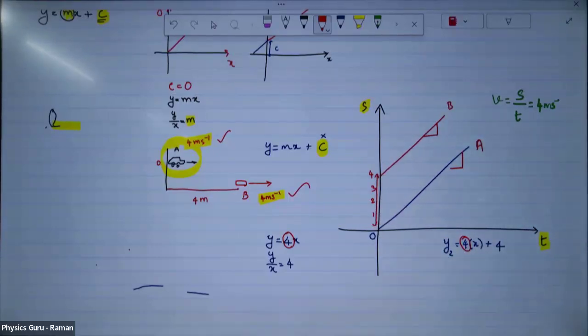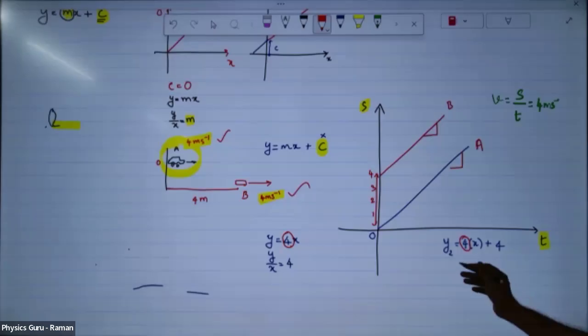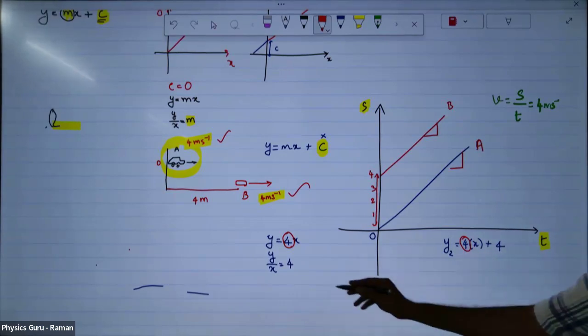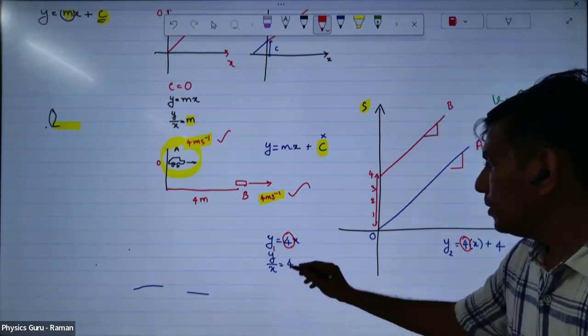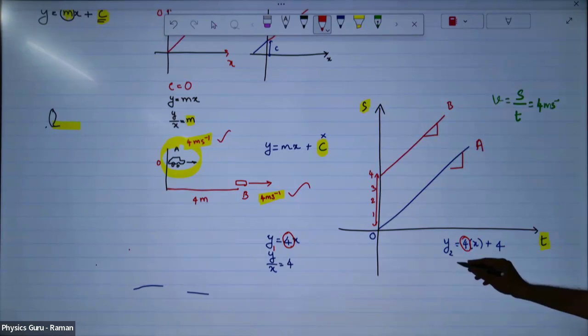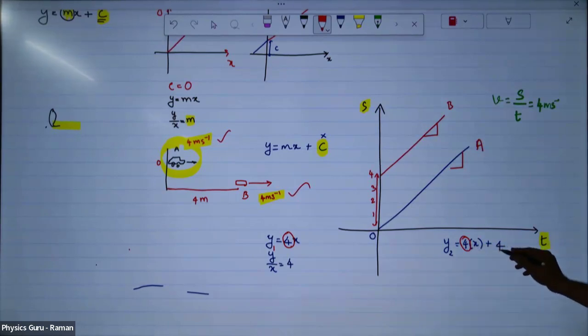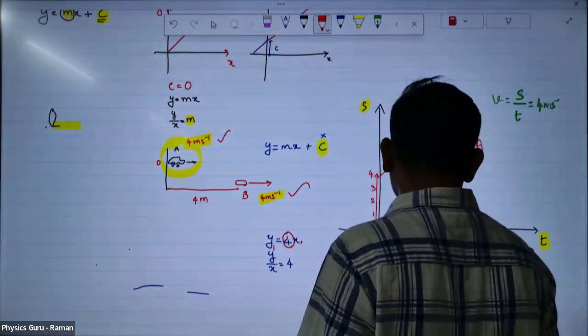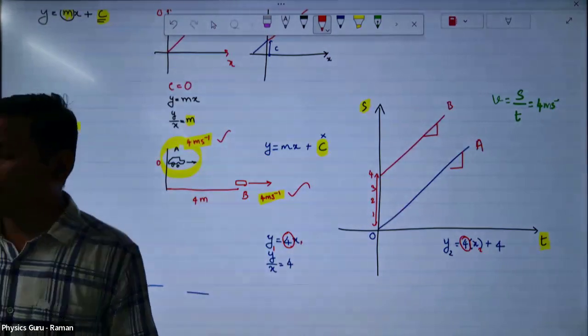For the first person, it is 0. So for the first person, the initial value is 0. For the second person, the initial value is 4. So here we can write y1 is equal to 4x, y2 is equal to 4x plus 4. Or you can say 4x1, 4x2. Got it?